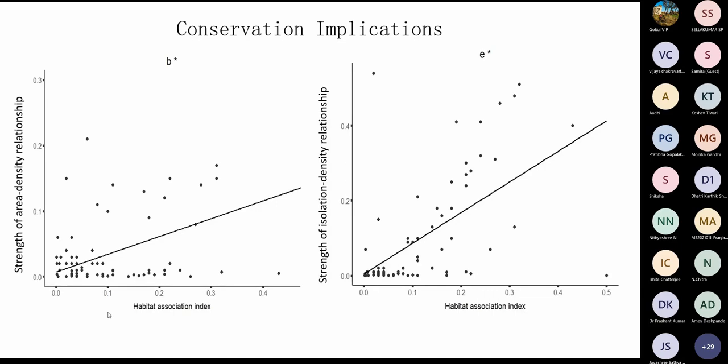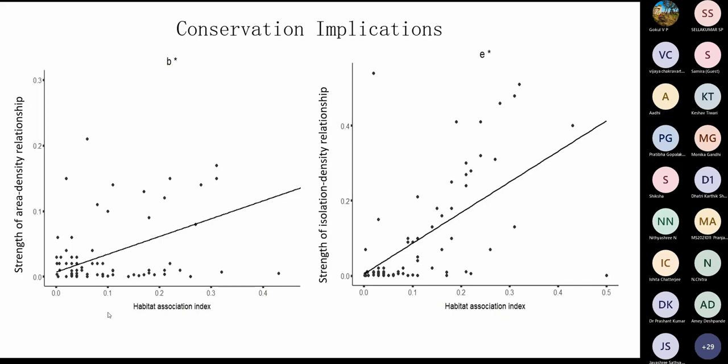So what we found was that specialist species were found in larger habitat patches, and generalists were not so much dependent on the area of the habitat. Similarly, if you look at the right graph, specialist species were found in habitat patches that were located close to each other. So for these species, the connectivity between the habitat patches is very important.